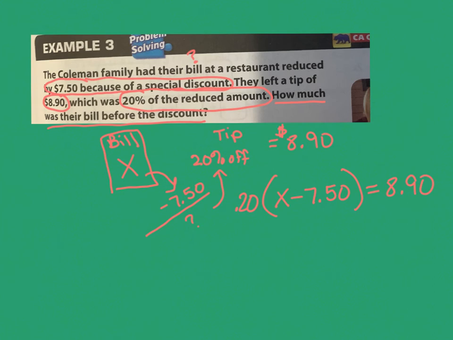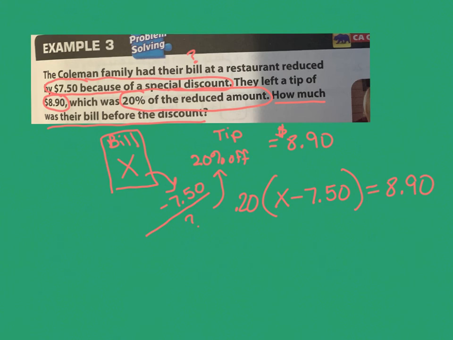Okay. Let me reason that out, make sure it makes sense. This is my bill minus $7.50. Whatever that amount is, 20%, so times 0.20, gave me the tip of $8.90. It was after the reduced amount. So that makes sense. Okay, so let's move forward.